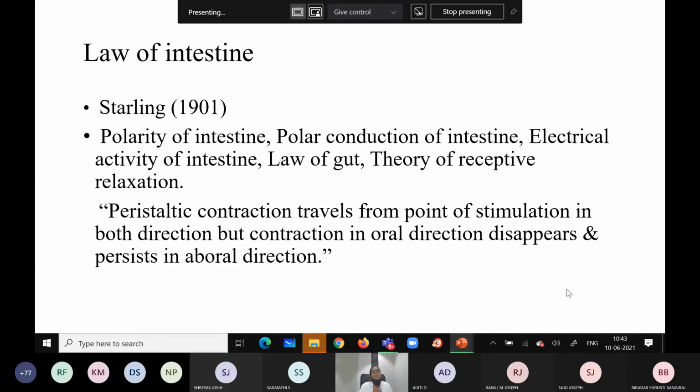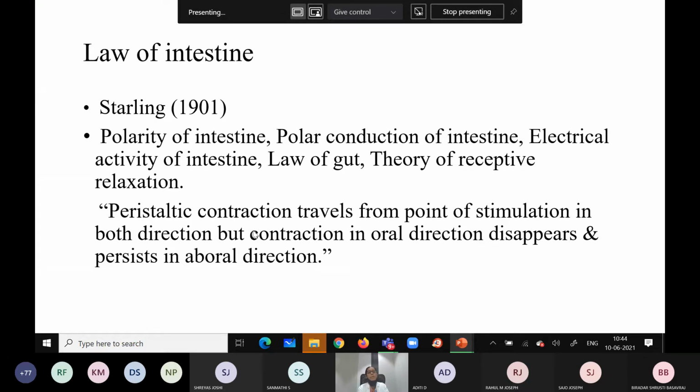Now, what is the law of the intestine? Starling in 1901 described the polarity of the intestine, also called polar conduction of the intestine or electrical activity of the intestine, or the law of the gut or theory of receptive relaxation.